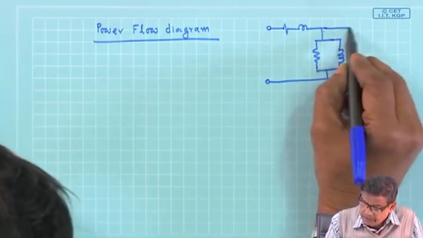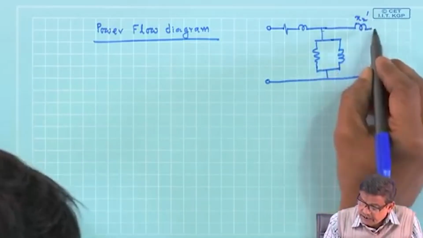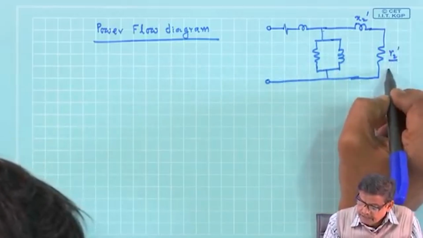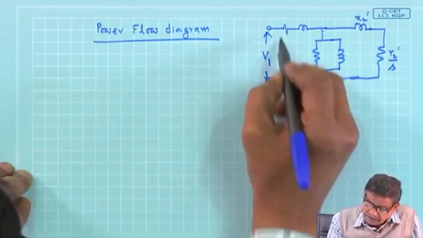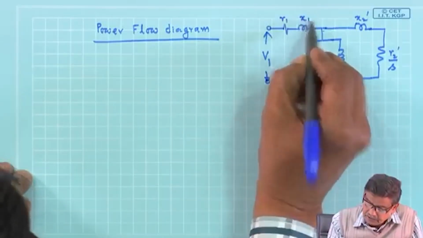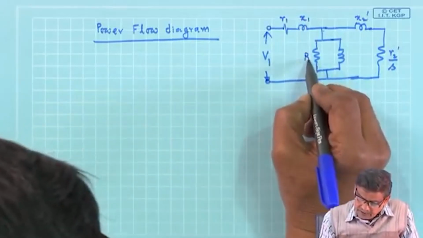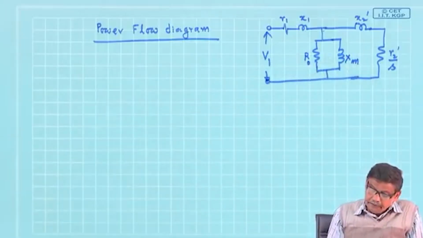Last time we were doing this, and this is X2 dashed and this is R2 dashed by S. This is a more exact equivalent circuit, this is the applied voltage, this is R1, X1, all parameter values are there, and this is R naught and Xm, the magnetizing branch.